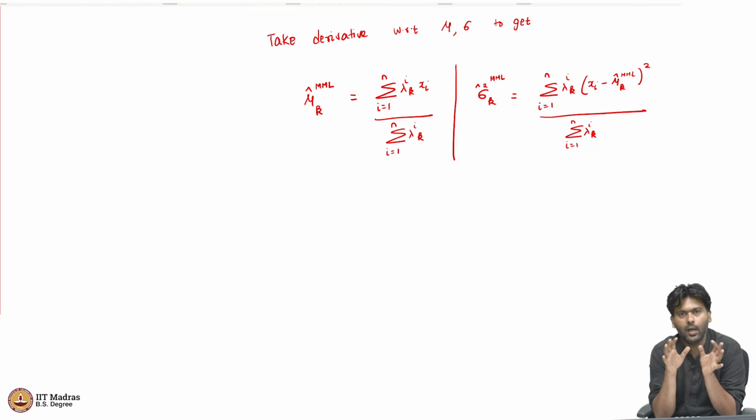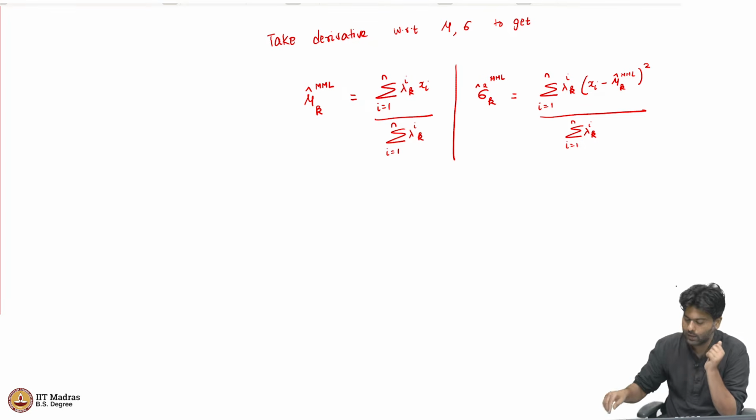So, let us say I put each point into one cluster. I want to assume that every point comes from a single cluster, which means lambda i k will be 1 for a particular cluster indicator value k, and it will be 0 everywhere else.